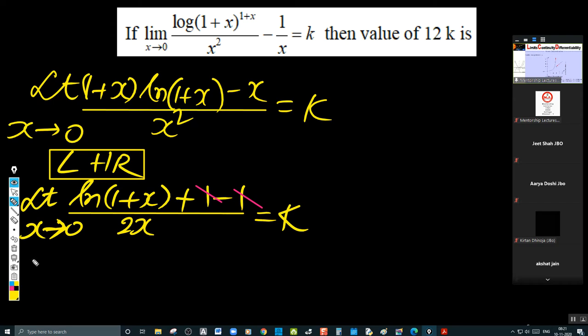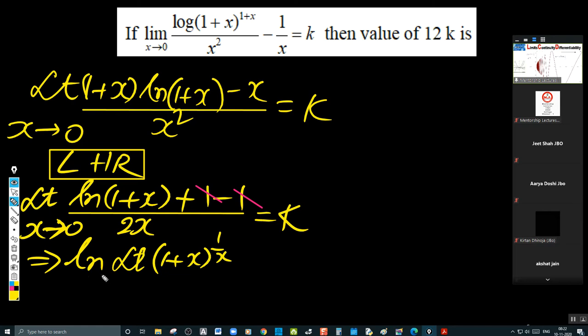Now you rearrange it. Implies you bring this 1 by x to the power. That is, you can write it as ln of limit of (1 plus x) whole power 1 by x as x tends to 0 is equal to 2k.